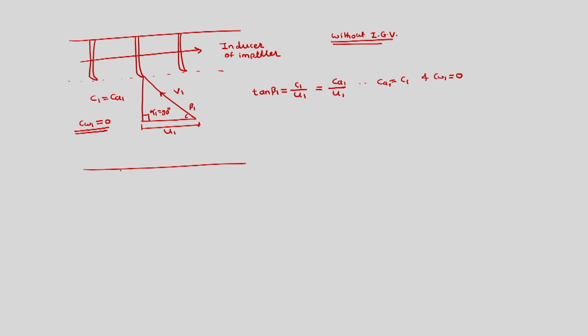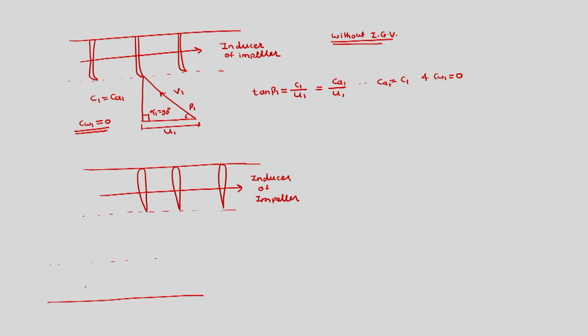Here then we have one blade of impeller like this, rotating in this fashion. This is again the inducer of the impeller, and then we have flow coming from the inlet guide vane.